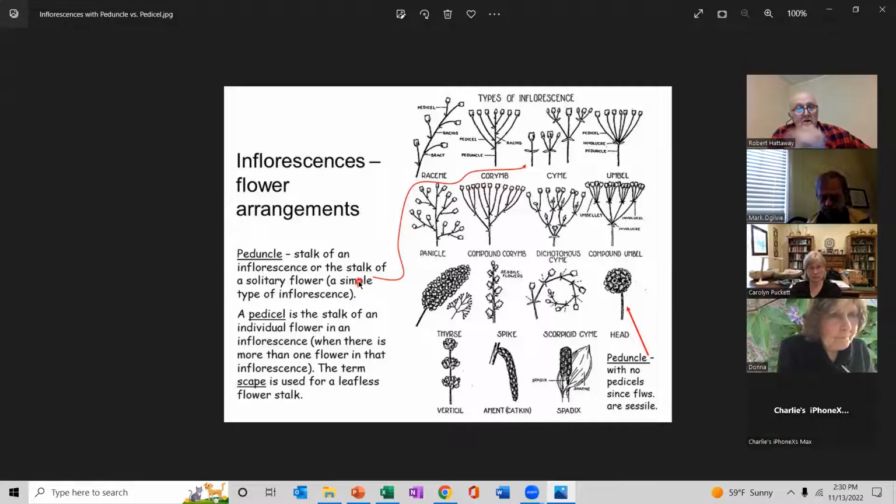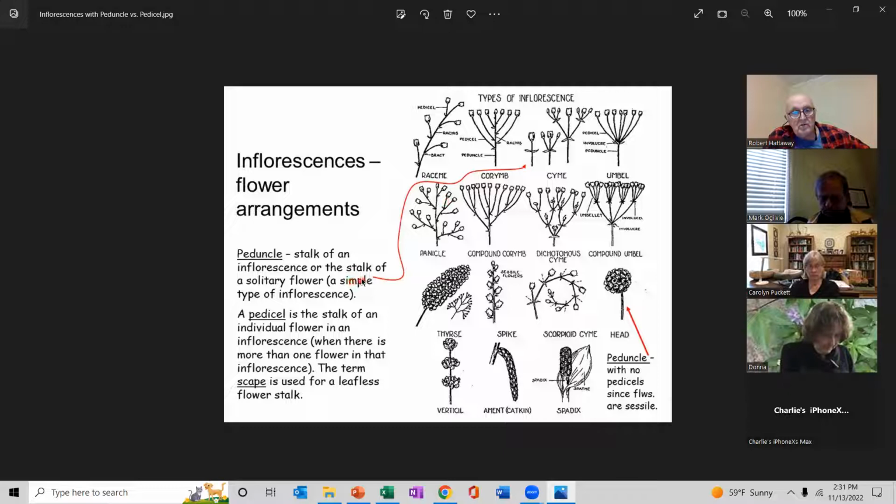I was going to go outside in my yard and grab a swamp bay that's growing in my upland yard, to illustrate the point. Basically you have a branch that's the peduncle, and then it breaks up into individual pedicels.